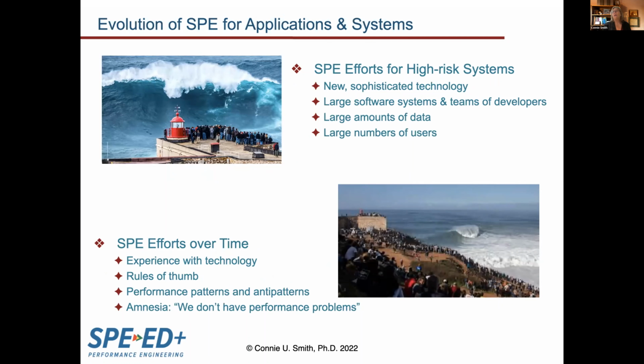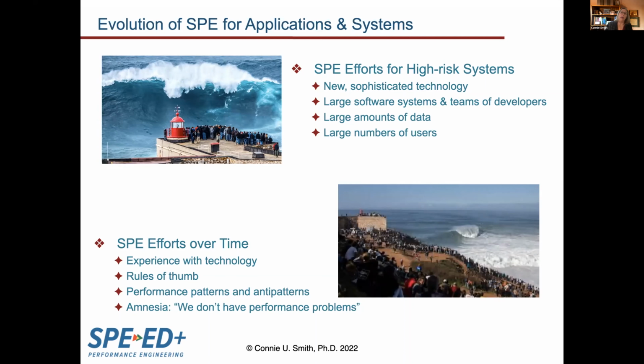It used what we thought were very large amounts of data and very large numbers of users. And when that set of conditions came together, then it called for fairly extensive labor-intensive SPE studies. And so the waves here show that this is Nazaré in Portugal, where they supposedly have the biggest waves in the world.